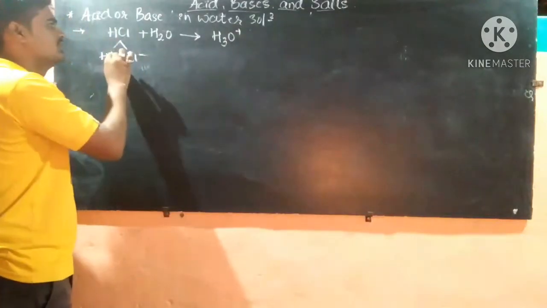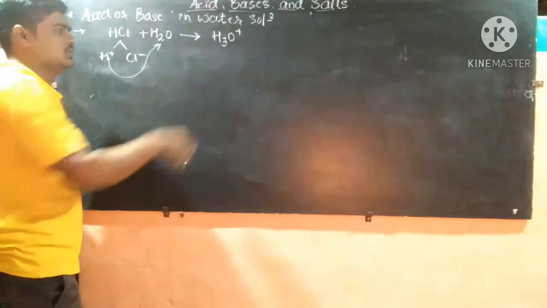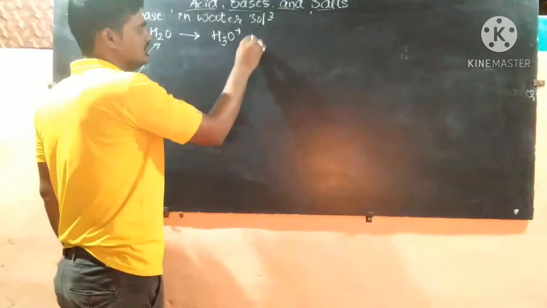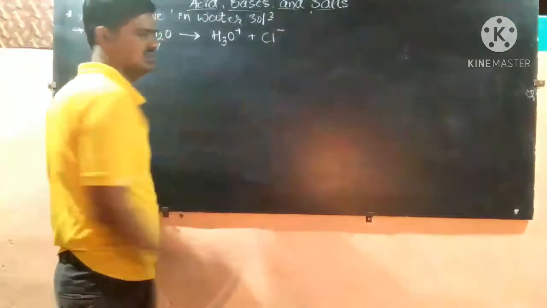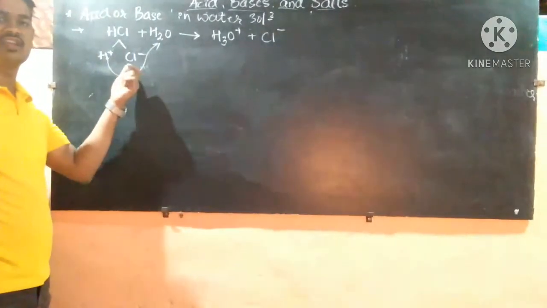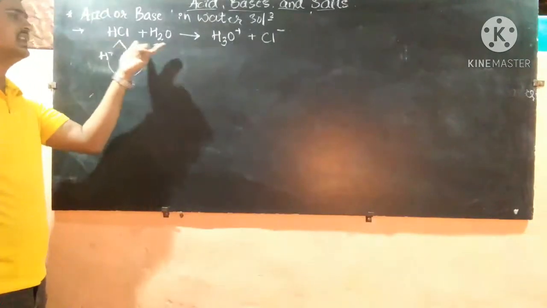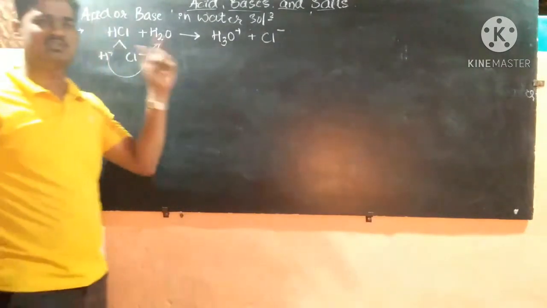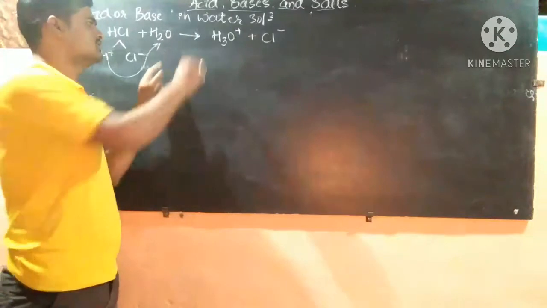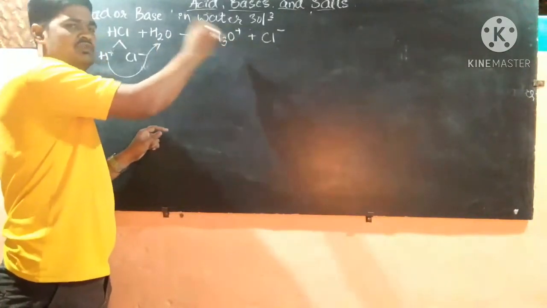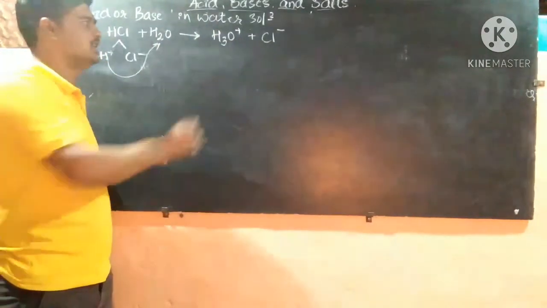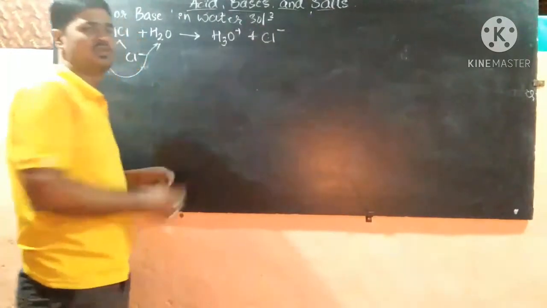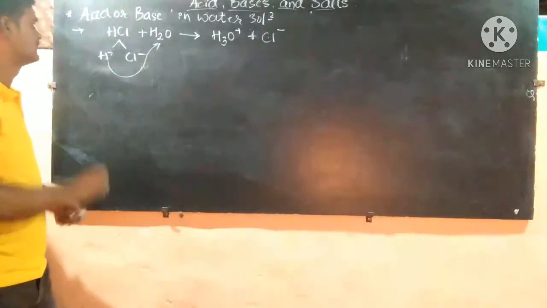This H plus ion is going to combine with water to produce H3O plus ion as well as Cl minus ion. This is the chemical reaction when the acid is added to the water. It is going to produce H plus ion, and that H plus ion is going to combine with the water to produce H3O plus ion, and the chloride is produced along with that.